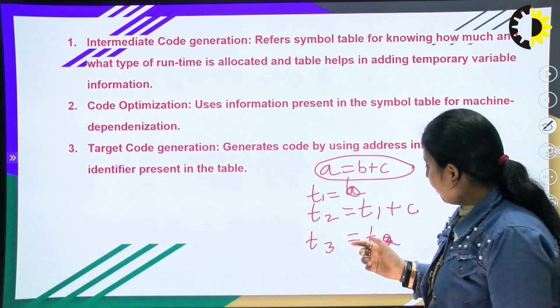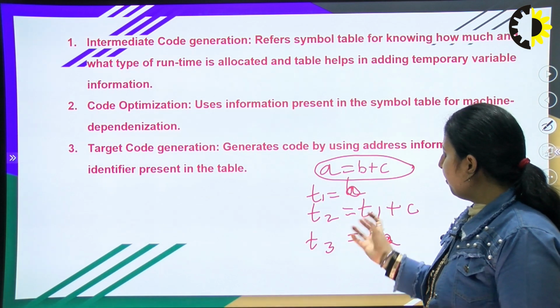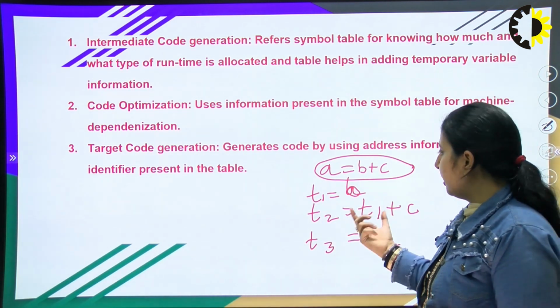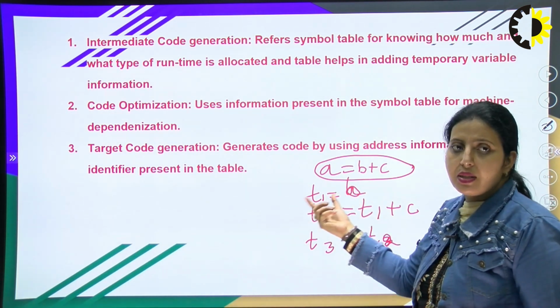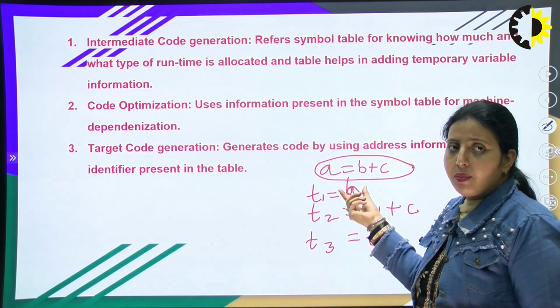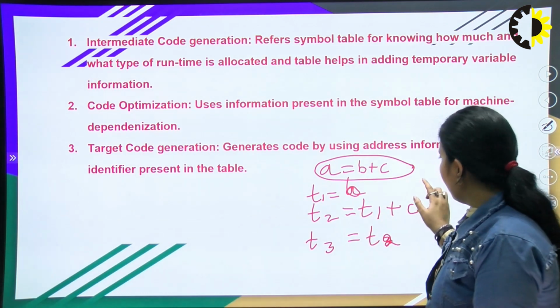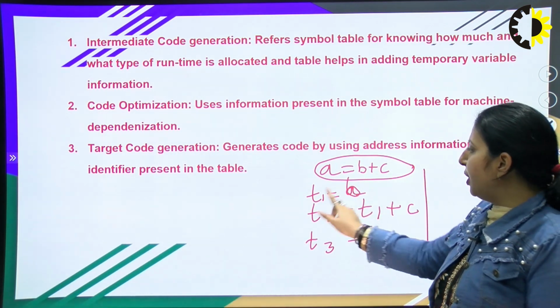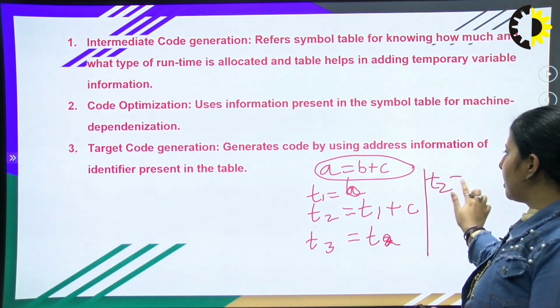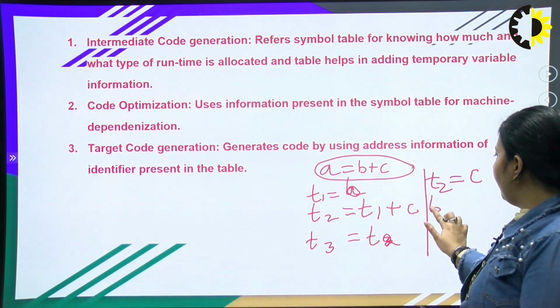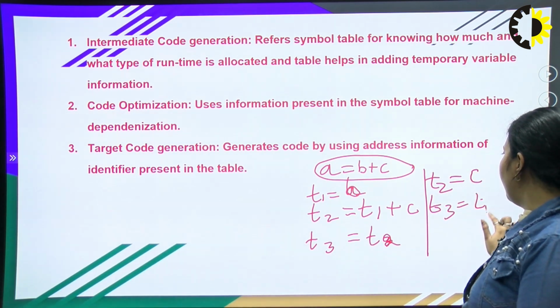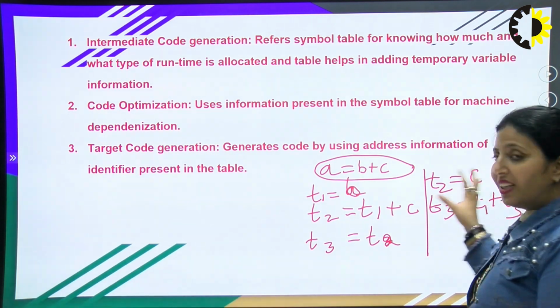Means suppose instead of doing this, we are assigning the B variable to a temporary variable. What does it take? If we are assigning B to T1, and we are assigning C to T2, and then in T3 we are adding T1 and T2, then what does this do?